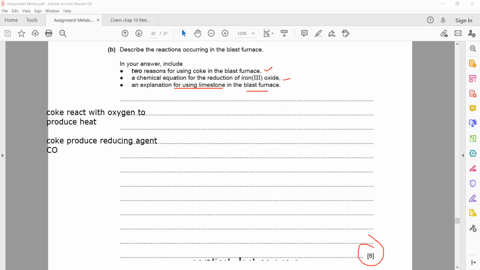Then the equation which involves extraction of iron: iron oxide reacts with carbon monoxide, it forms iron plus carbon dioxide.